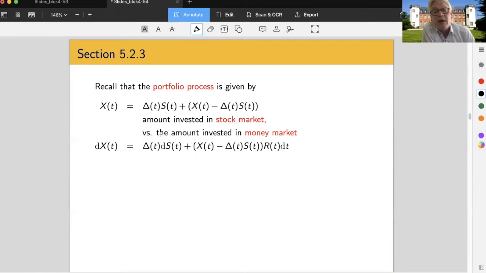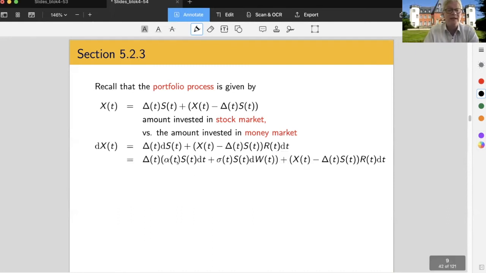If you have a money market, this grows with the interest rate, with the amount itself, and with the time period dt. Now for dS, we can substitute the dynamics that we have already found, and these are the dynamics under measure P, so with alpha and dW.